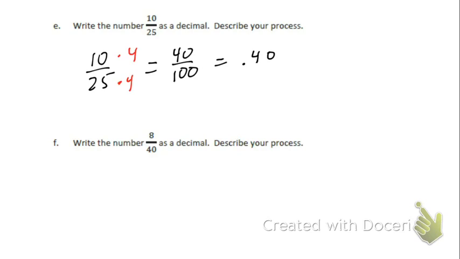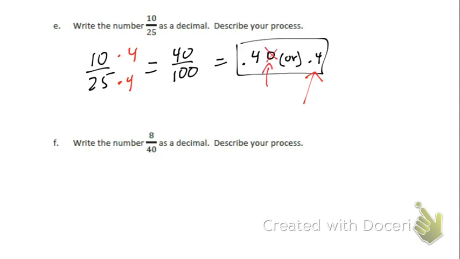And another way you could, actually what we know about decimals is that the zeros at the end, they don't matter. Another way I could write that is just 0.4. Either of those are okay, 0.40 or 0.4. Ideally, I want you guys to write it like that and understand that the zeros at the end of the decimal don't matter.